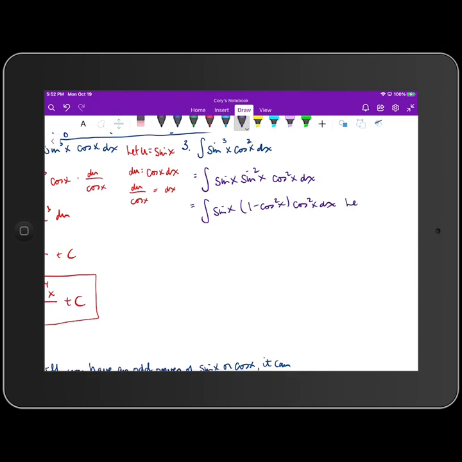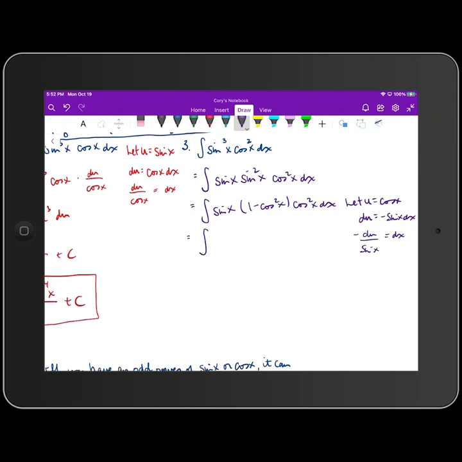Because if I let u equal cosine, when I differentiate cosine, the derivative of cosine is negative sine of x dx, which is going to make dx equal to negative du over the sine of x.